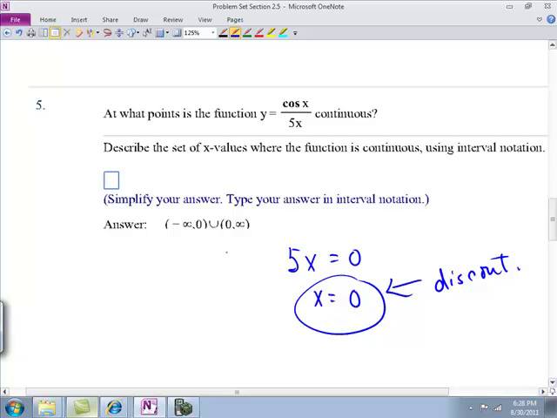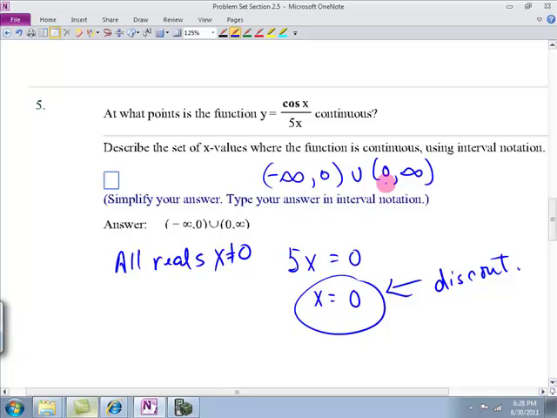But if you have to put it in interval notation, you've got negative infinity to 0, 0 to infinity. If you didn't have to put it in interval notation, you could just say all reals x not equal to 0 or something. But it asked for interval notation, so we need this.